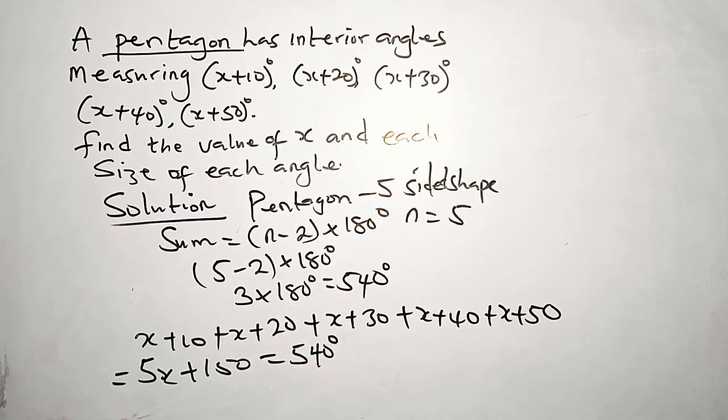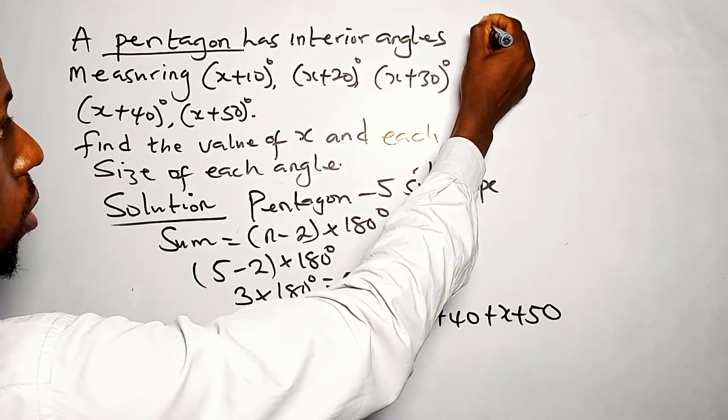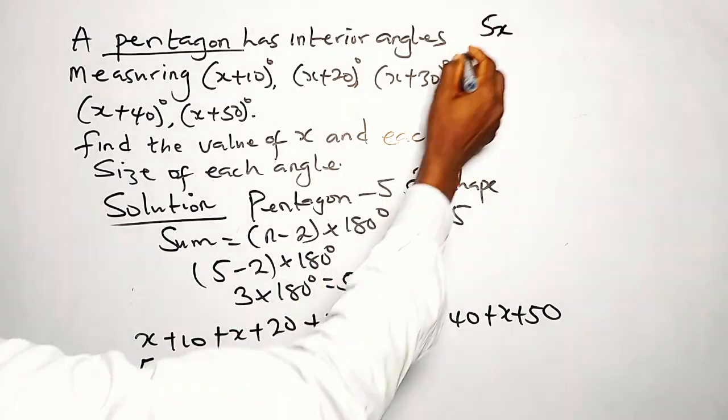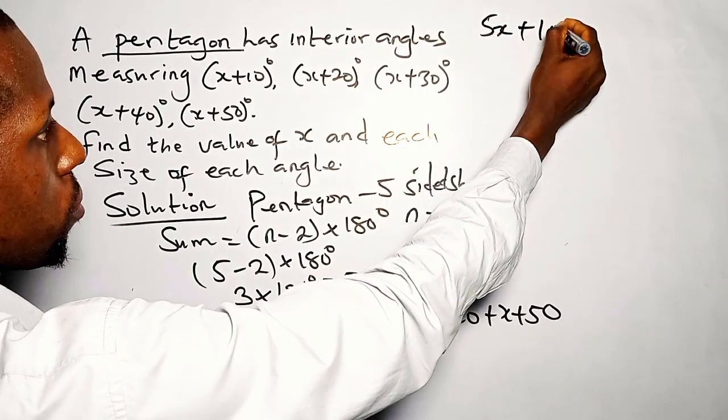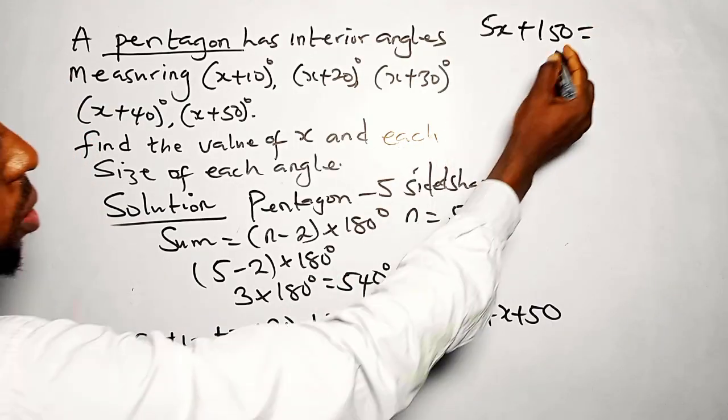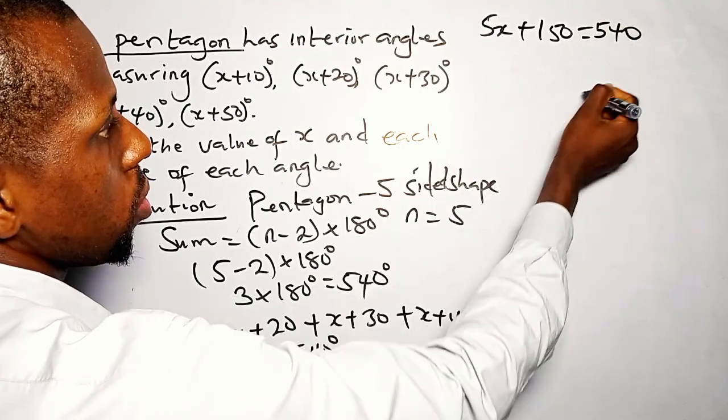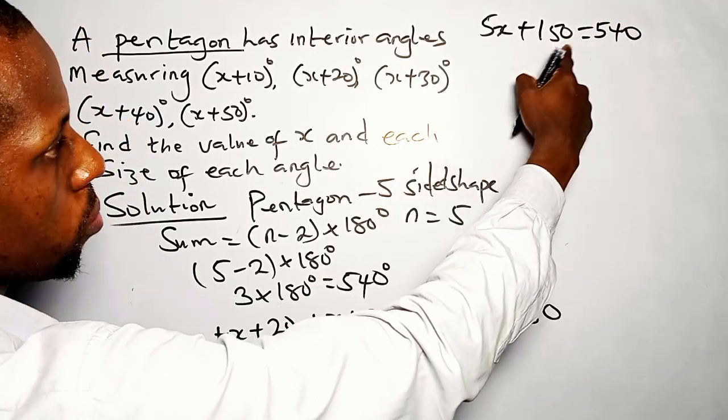So what do we do from here? We work this out: 5x plus 150 equals 540. We do this by subtracting 150 from both sides.